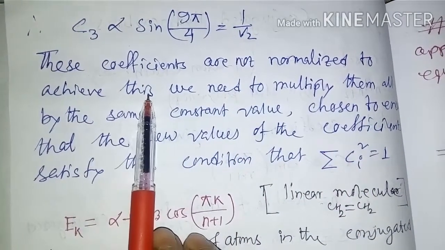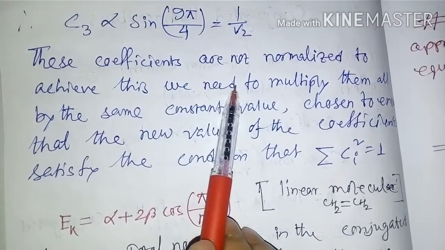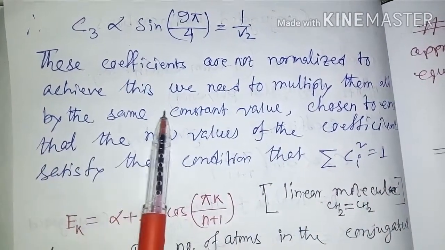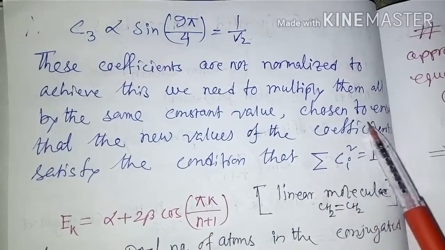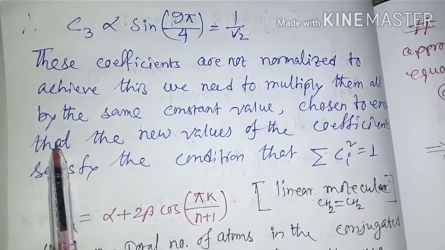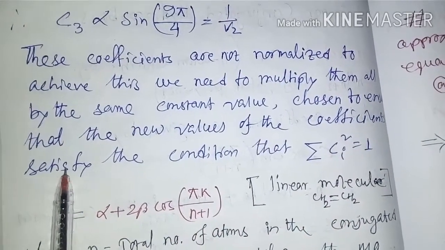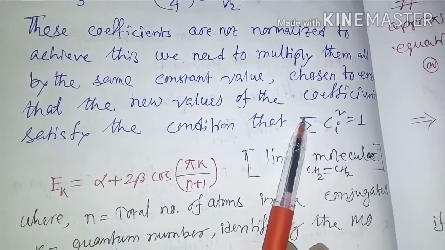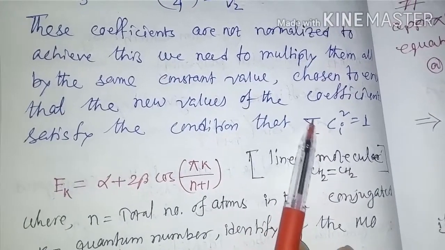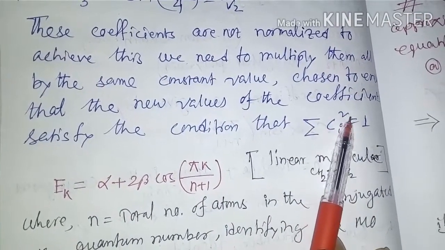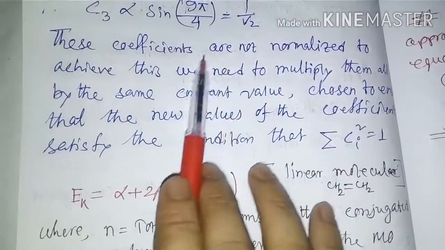To achieve this, we need to multiply them all by the same constant value chosen to ensure that the new values of the coefficients satisfy the condition that the summation of ci whole square equal to 1.